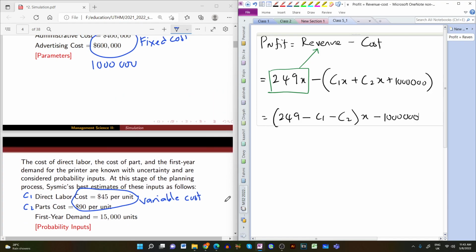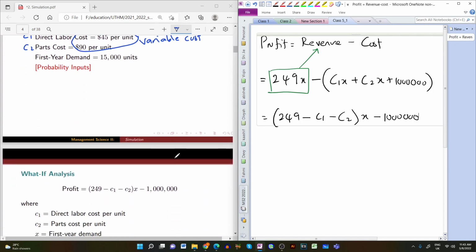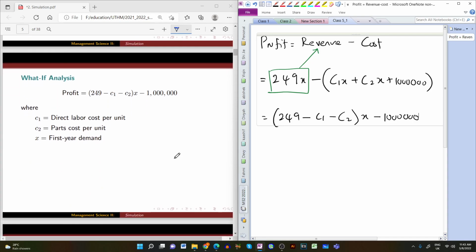I'll give you some time to copy this. That's how I get this equation, writing the profit based on these inputs and parameters.